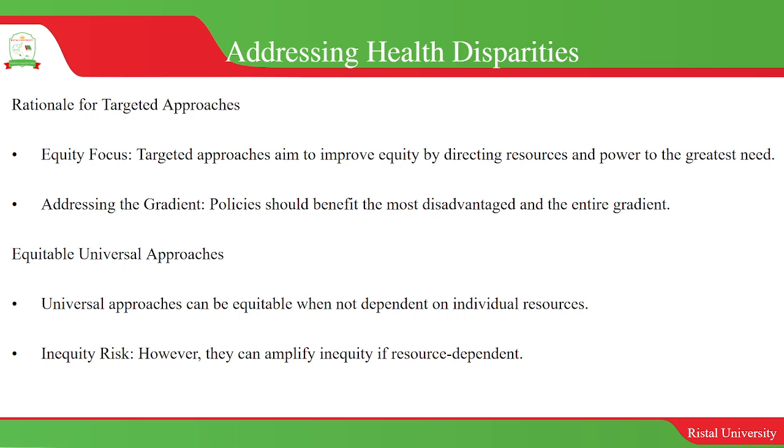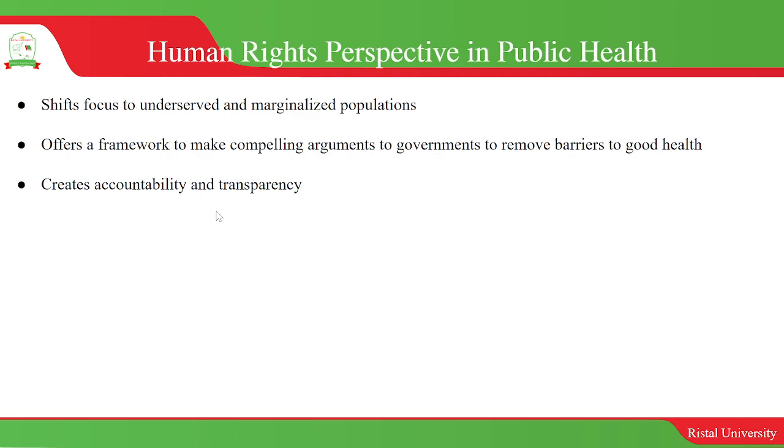You don't misuse resources. Where you get greater utility, greater benefit is where you put the resources. But of course, if you aim at ensuring that there is equity, you may go with universal interventions.